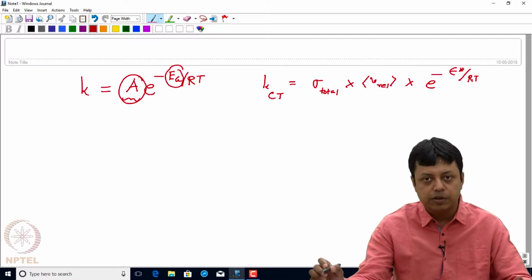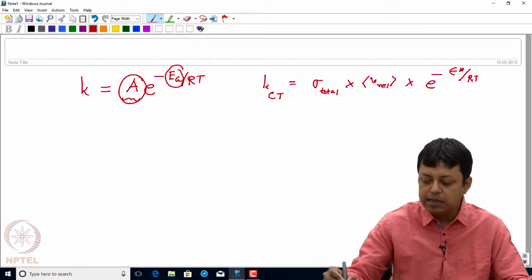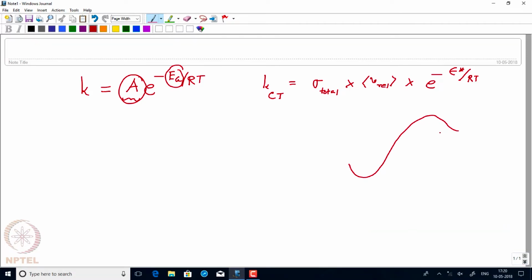Now, there is a difference between E star and Ea. Ea is an experimentally determined quantity, and E star classically means the difference in minimum energy that you require for going from reactant through the transition state to products.